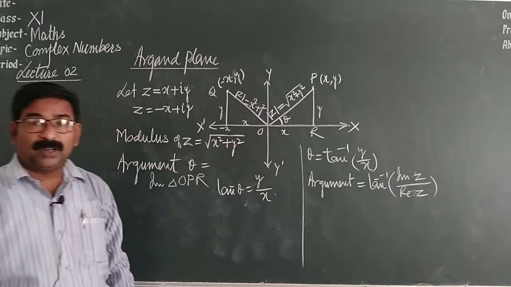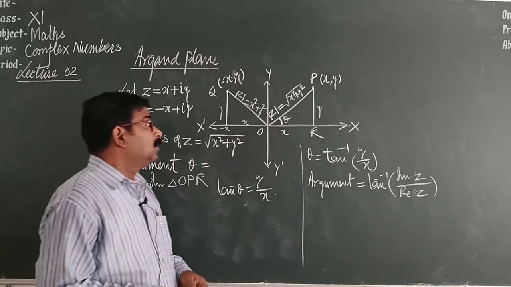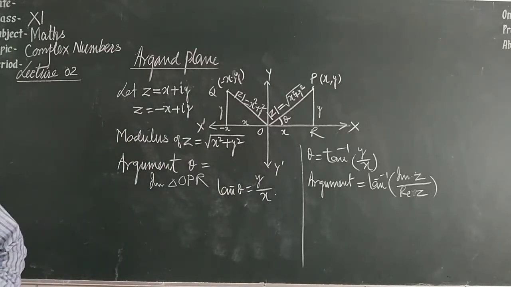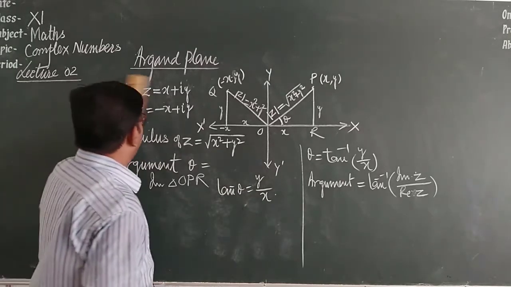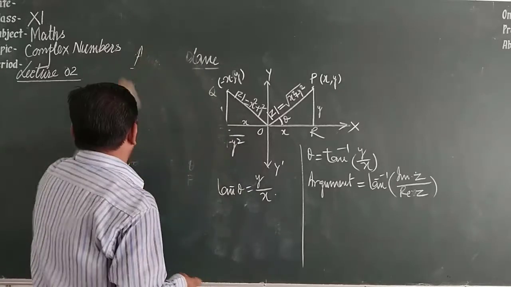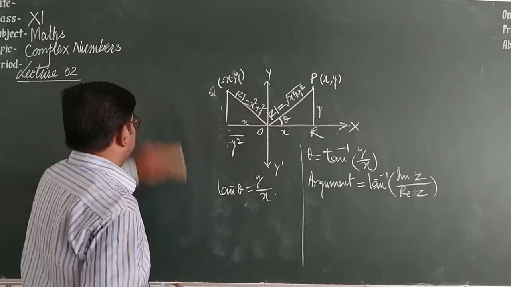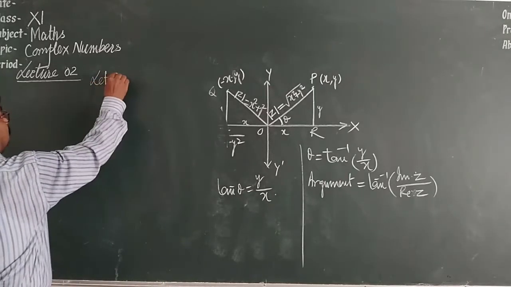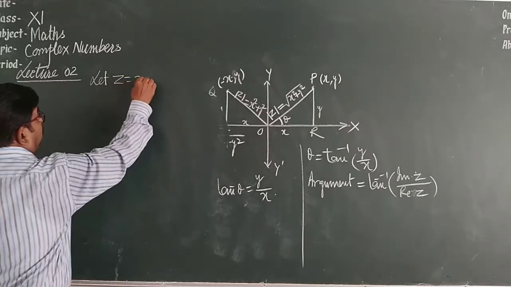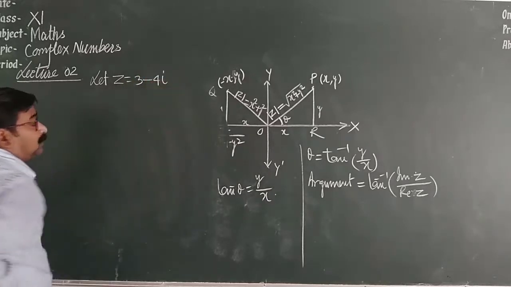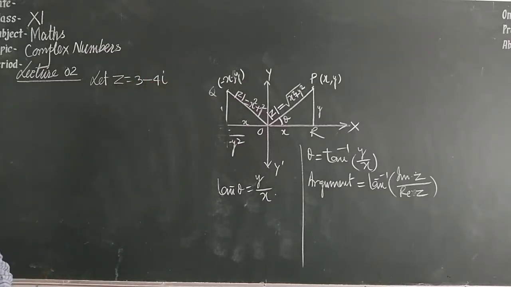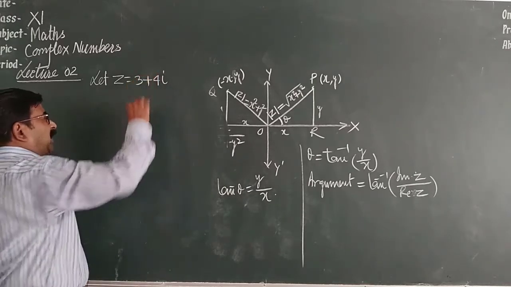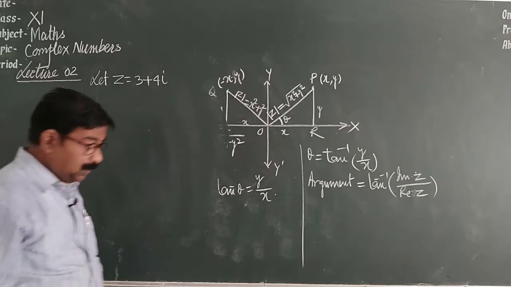So whenever you are asked to find the argument, suppose I am giving one example like this. Let z is equal to 3 minus 4i, or 3 plus 4i, any one you can choose.